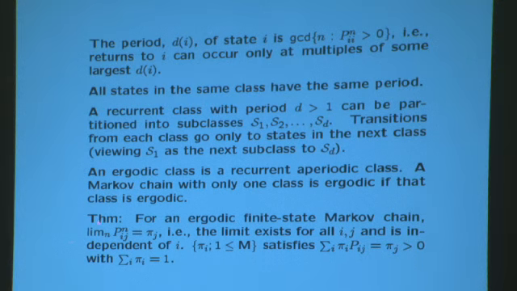In other words, when n gets very large, it doesn't depend on how large n is. It stays the same. It becomes independent of n. It doesn't depend on where you started. No matter where you start in a finite state ergodic Markov chain, after a very long time, the probability of being in a state j is independent of where you started, and it's independent of how long you've been running.